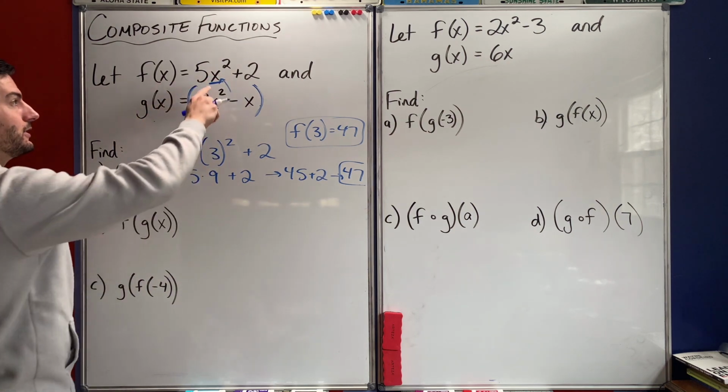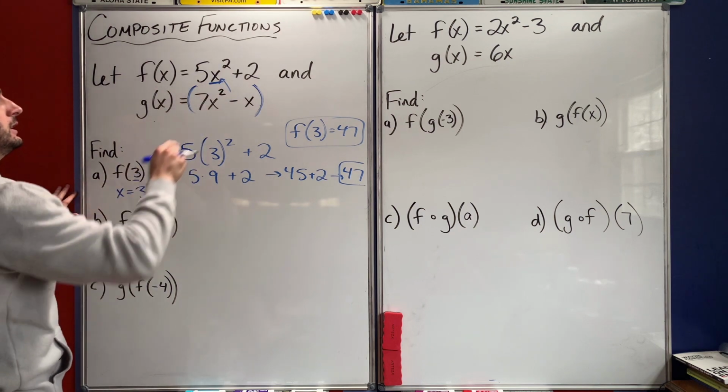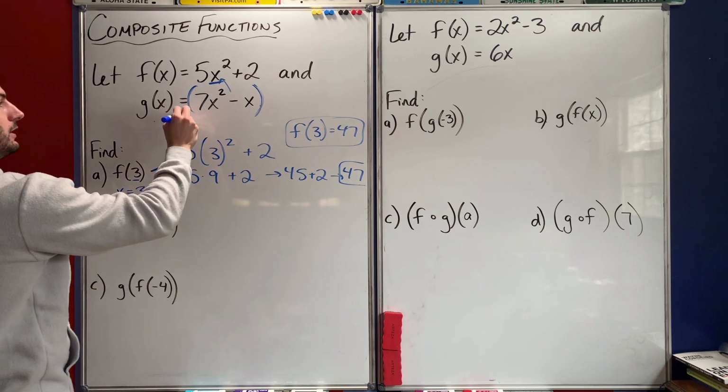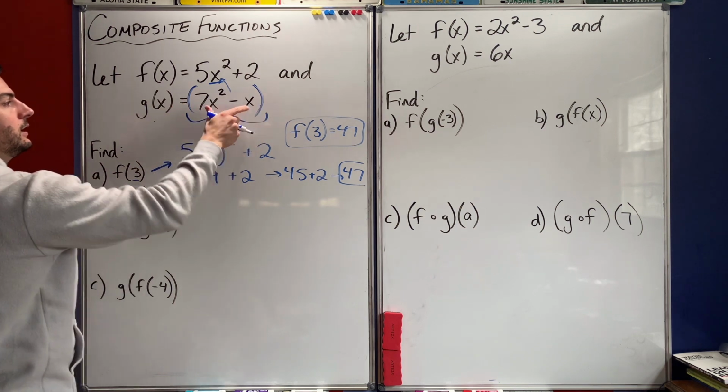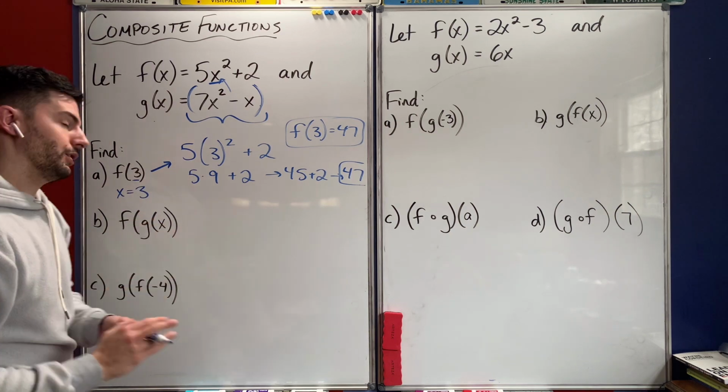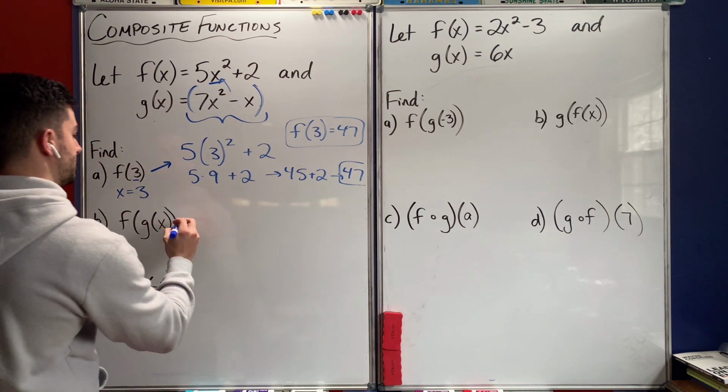That's just one, I just have this 5x squared. So everywhere I see an x in this first equation, I'm going to take this whole group and replace the x in there with that.